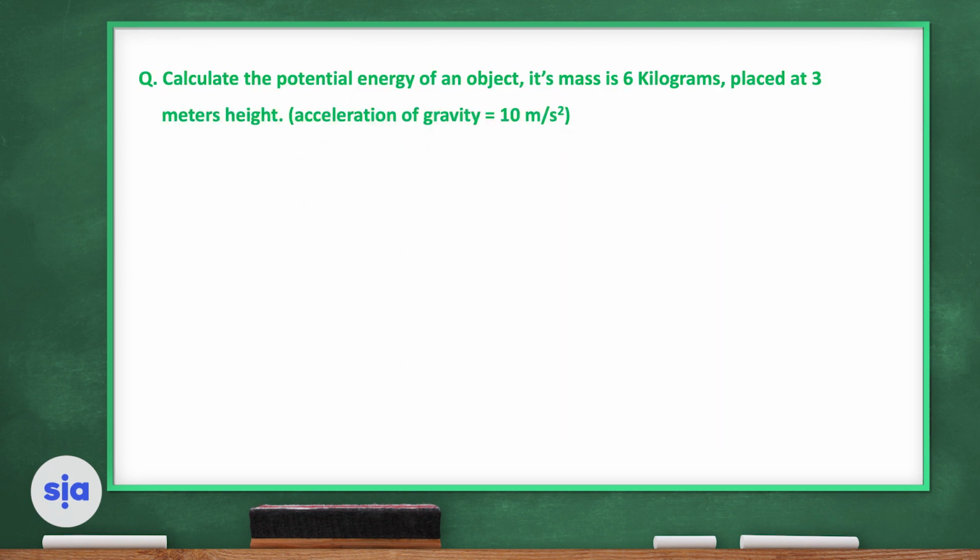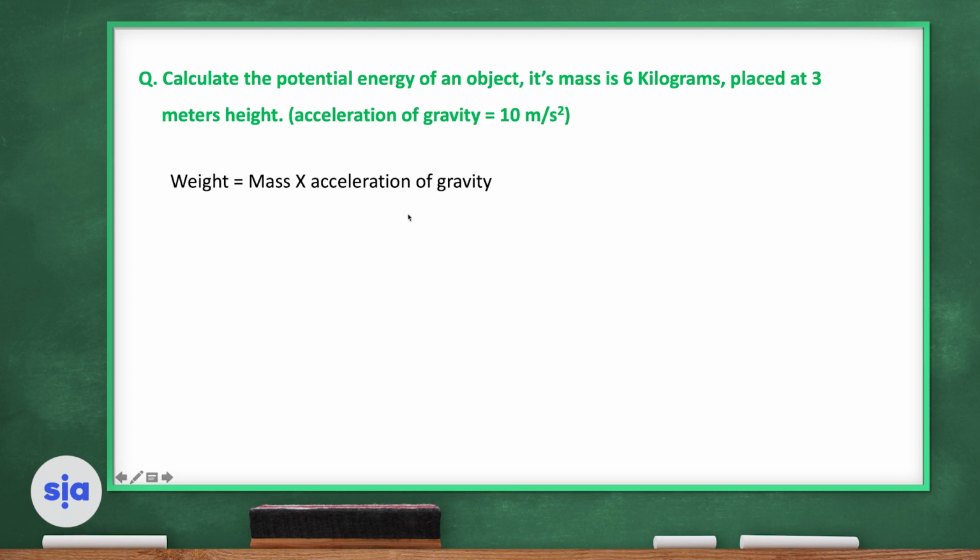Calculate the potential energy of an object. Its mass is 6 kilograms, placed at 3 meters height, knowing that the acceleration of gravity equals 10 meters per second square. You have the mass and you have the height. And we need to calculate the potential energy.